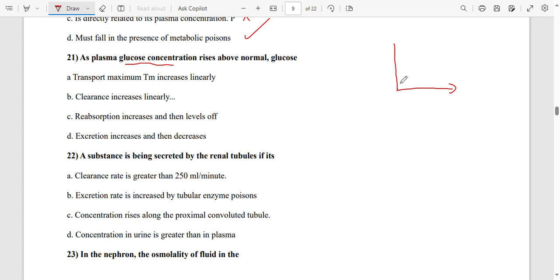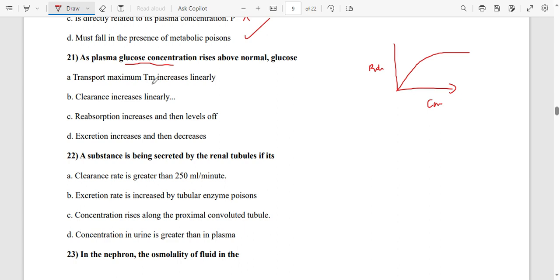Okay, so if those transporters are there, they are empty. When you increase the concentration of glucose, the rate at which you are storing it will also increase. But there will be a point where all the channels have been filled up, such that even if you increase the concentration, the rate of storage of glucose is not increasing.